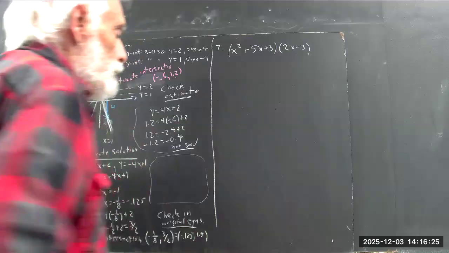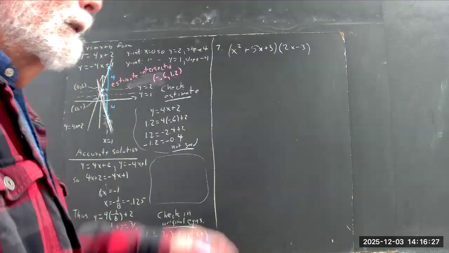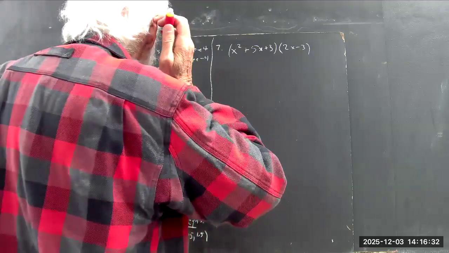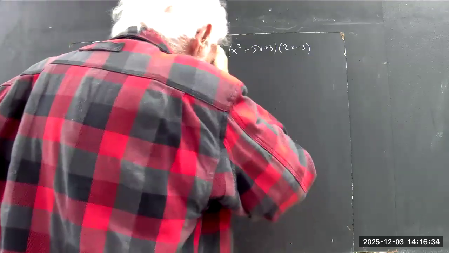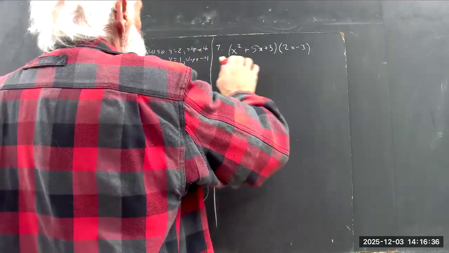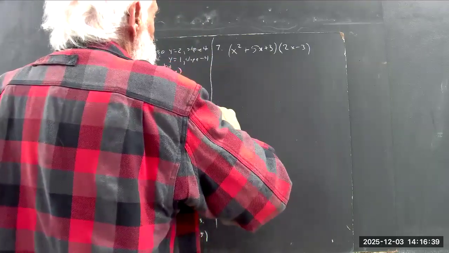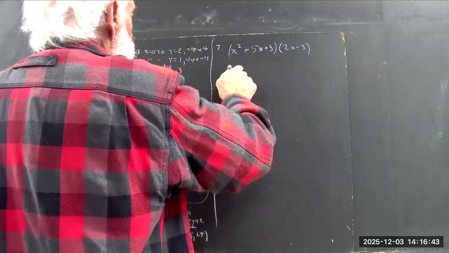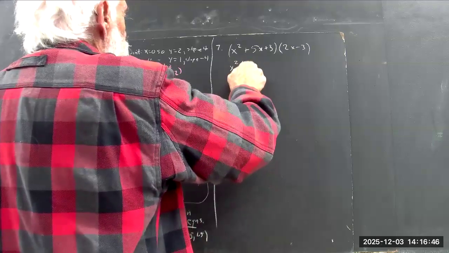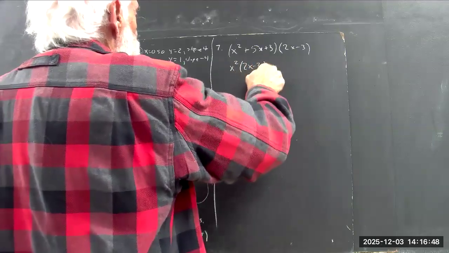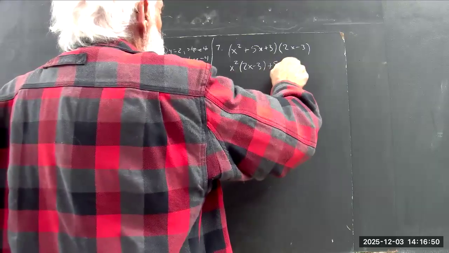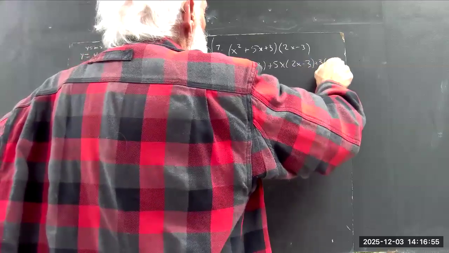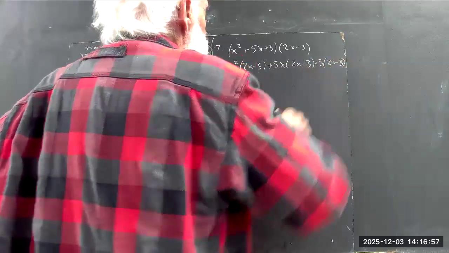Well, this is easy enough if you understand the distributive law, and everybody in class today understood it, but let's just go over it for anybody who might still be confused. I'm going to multiply from left to right and say, okay, this by the distributive law is x squared times 2x minus 3 plus 5x times 2x minus 3 plus 3 times 2x minus 3.